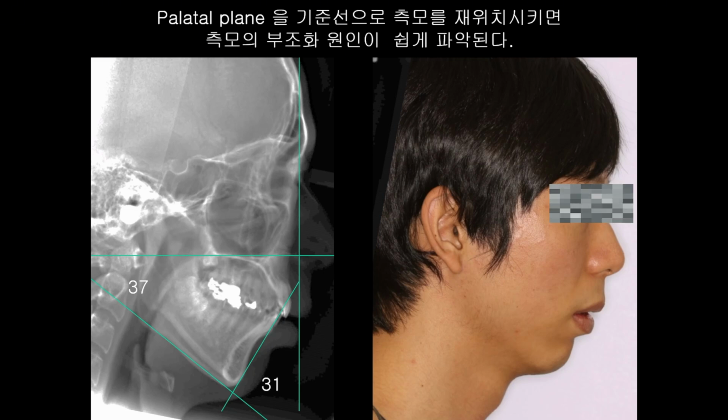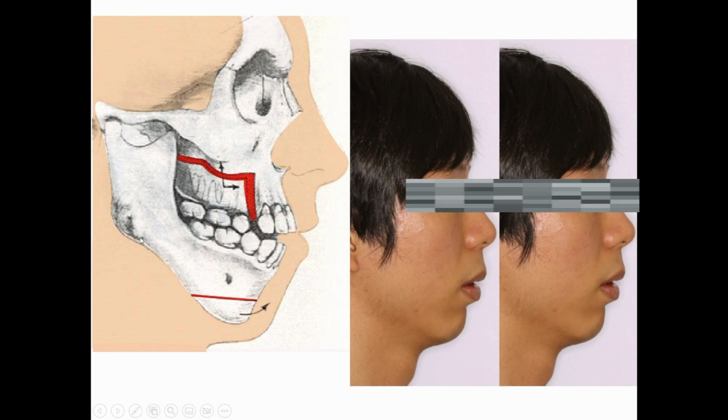So look at here. This patient really wants to cut and rotate. Yeah? Mandible advancement surgery is better because his occlusion is very nice. Okay? But extract this one and retract. So let's look. If I were his doctor, I would recommend genioplasty.